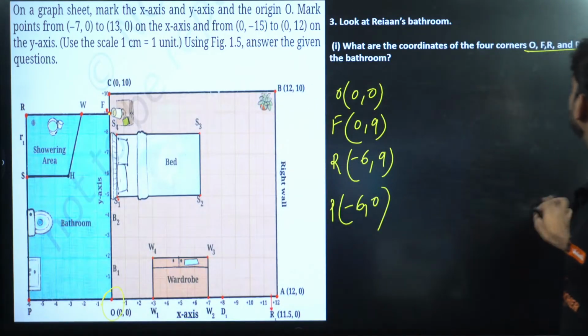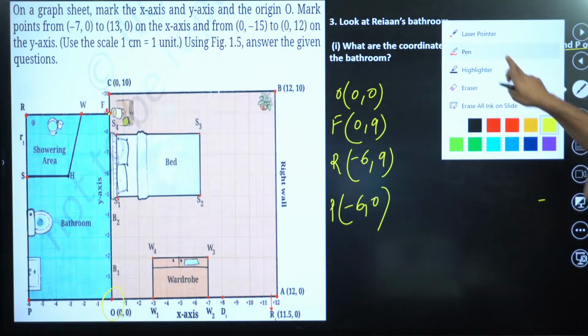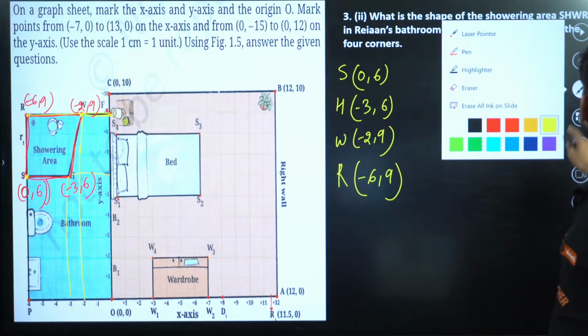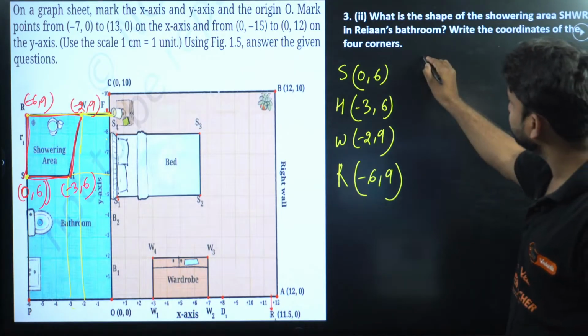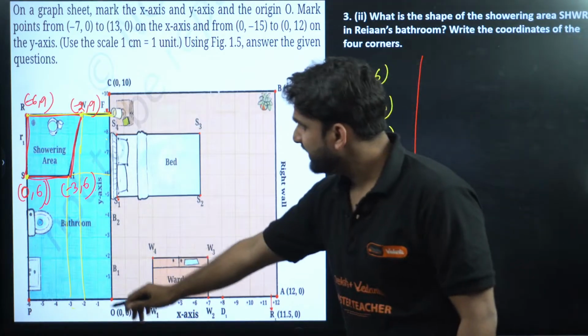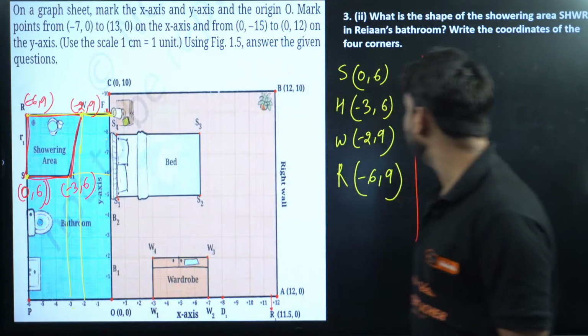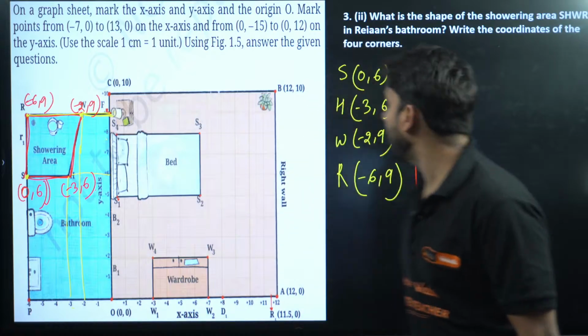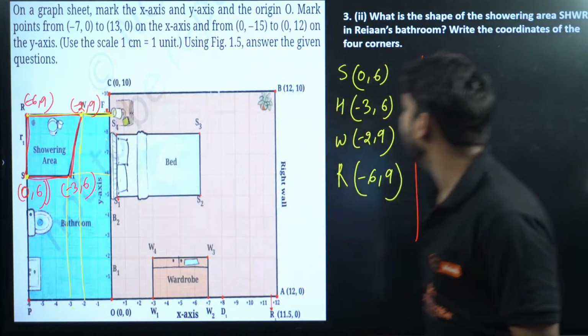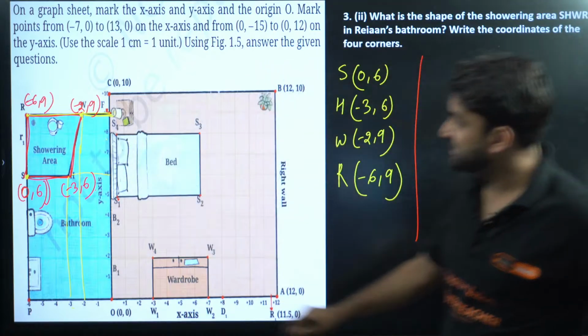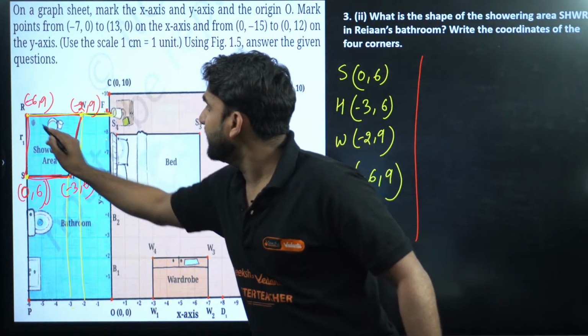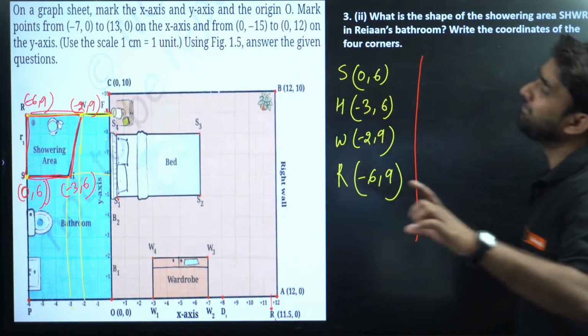Now moving to next question. This was our next question. We were doing this question, no? Okay, this question. So now can you see here, S is 0 comma 6, H is minus 3 comma 6, W is minus 2 comma 9, R is minus 6 comma 9, and if you observe this line and this line, both are parallel to each other.